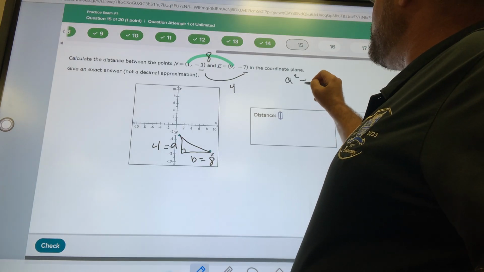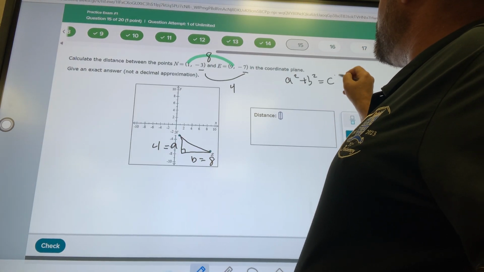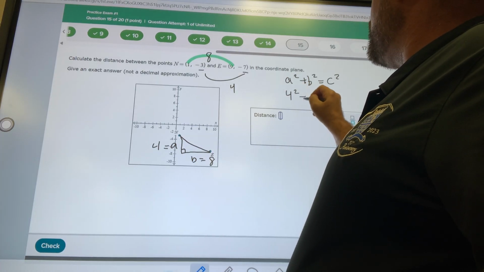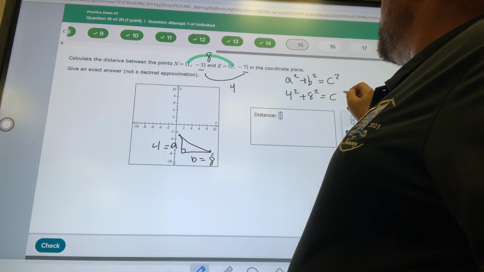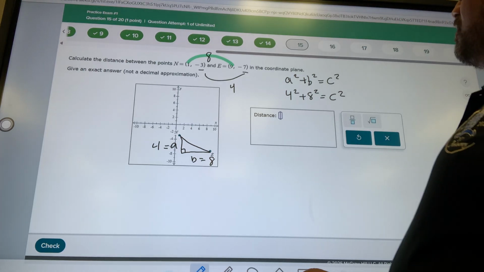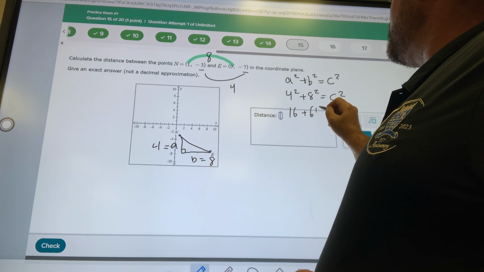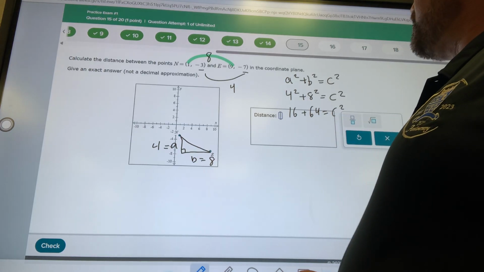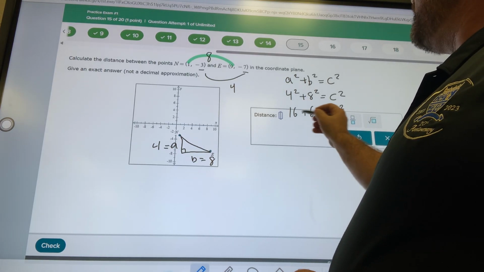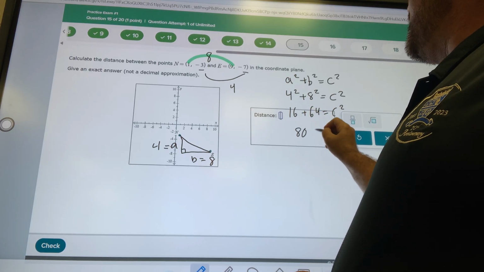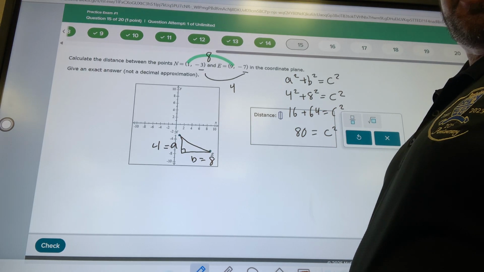Using the Pythagorean theorem, a squared plus b squared equals c squared, I'm just plugging in these numbers. 4 squared plus 8 squared equals c squared. 4 times 4 is 16, 8 times 8 is 64, and that equals c squared. When I combine these two values, 16 and 64 gives me 80, which is the value of c squared.